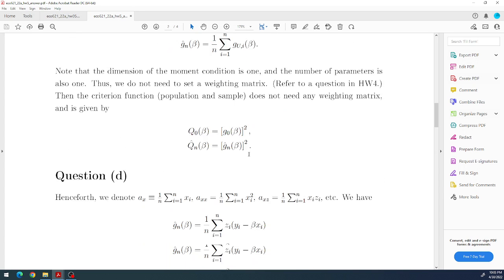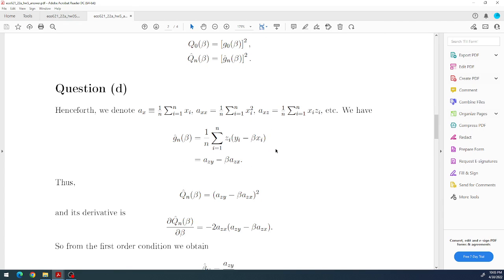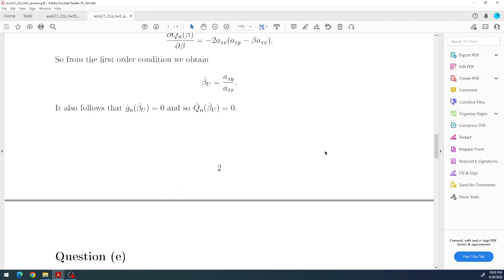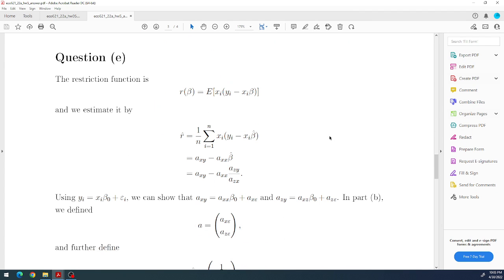Let me show you my answer. And now I am going to write this notation, AX and AXX. They are just sample averages of the subscript variable for simplicity of the notation. And then in question E, we are now dealing with this null hypothesis.